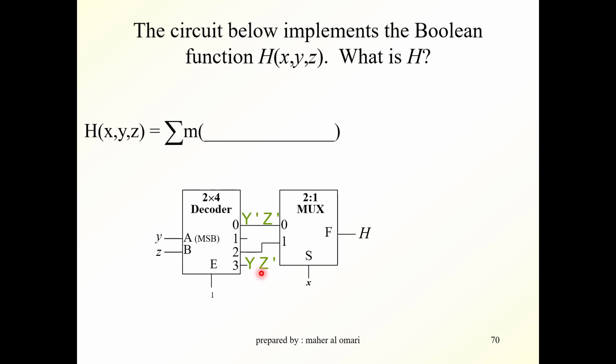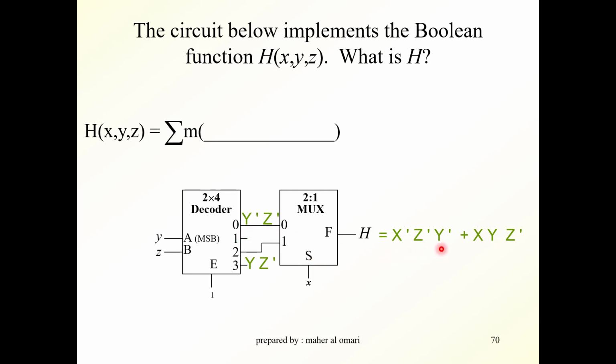The output here will be YZ bar, which is output number 2. What will H be equal to? Remember, this is a multiplexer. What is the equation of this multiplexer? It's equal to I0 S bar. I0 is this, Y bar, Z bar.